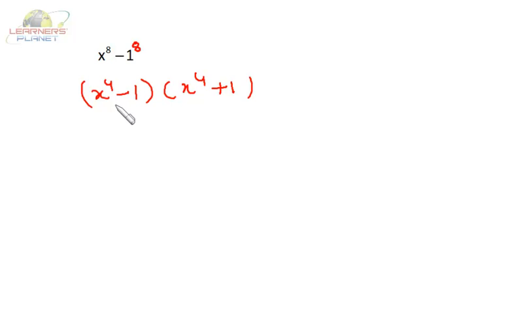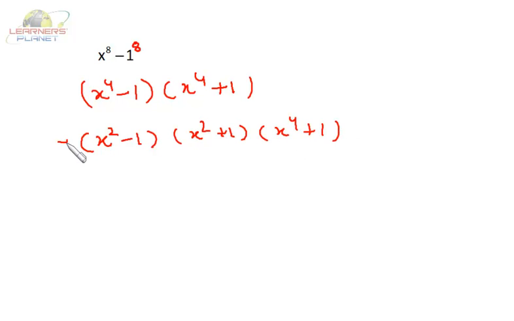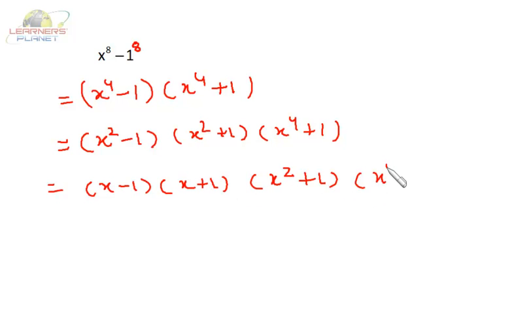Now this can further be factorized. It's x square minus 1, x square plus 1, and this is as it is. Now it can also be factorized. It's x minus 1, x plus 1, then x square plus 1, and x raised to 4 plus 1 will be as it is. So we factorized x raised to 8 minus 1 like this. So don't bother much, it will be very easy.